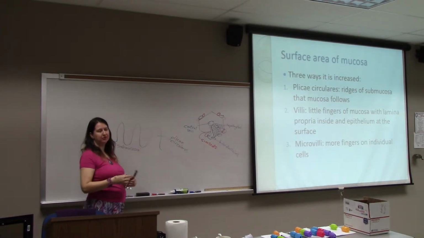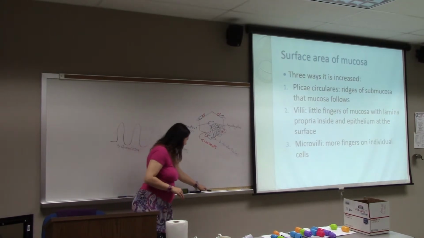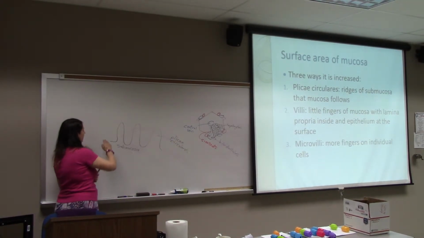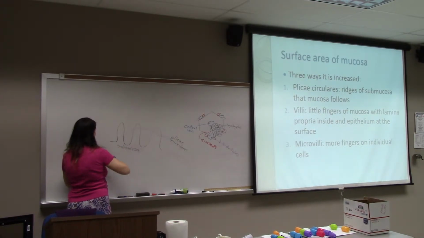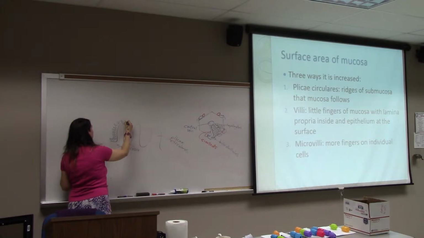Now, there are some sources that just call them circular folds, but our book isn't one of them. So that's submucosa. The mucosa will follow all along that, and it has additional bumps. I'll just do 1 plica's worth.